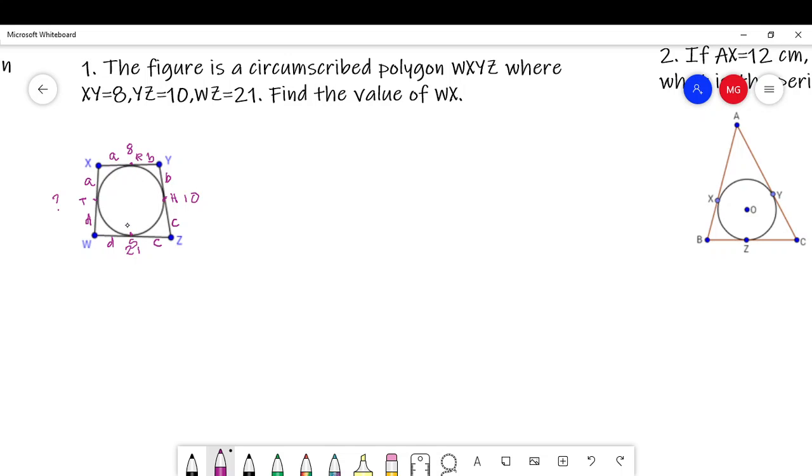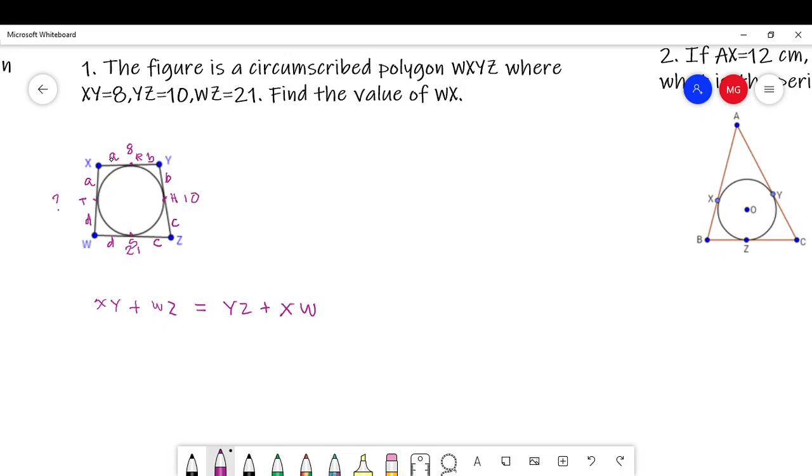It is observed that the sum of XY and WZ is equal to the sum of YZ and XW.